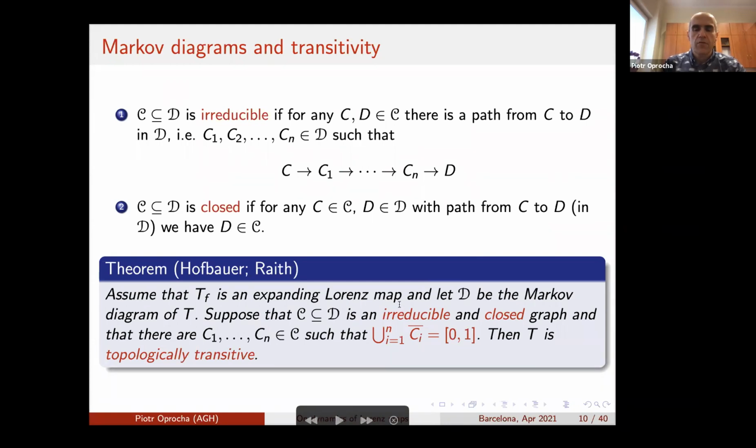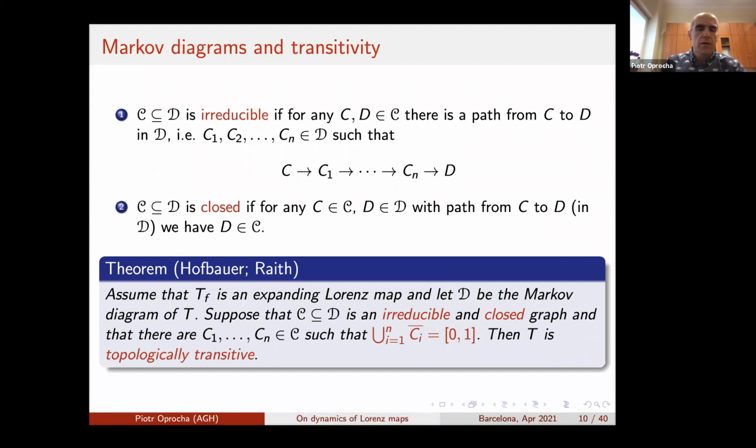You have to find a subgraph such that the elements at some vertices cover the space. So you get a partition of the space by elements in the diagram, and if it has the structure that you can go between any two elements without leaving the subdiagram, then you have transitivity, as long as you have this covering.